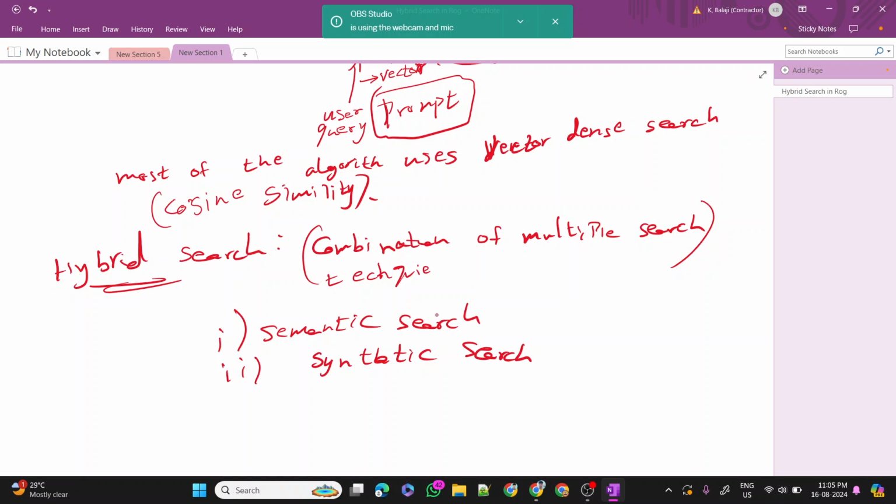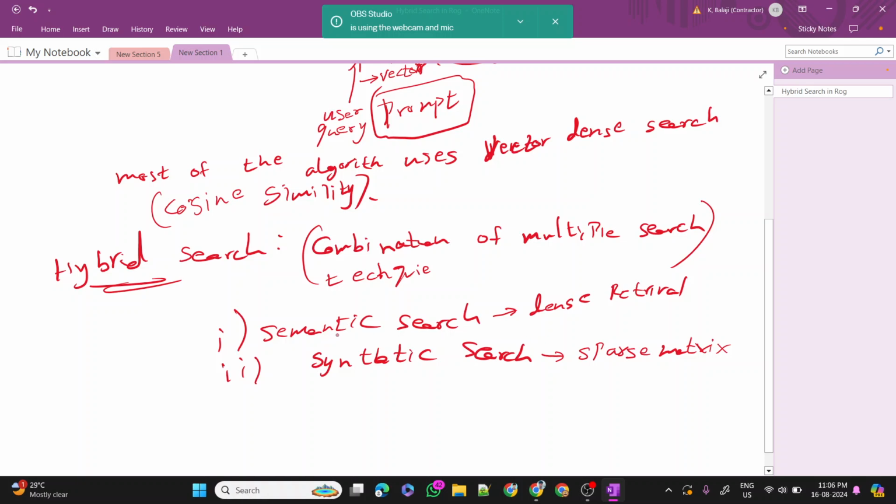This semantic search uses dense retrieval, and this synthetic search uses a sparse matrix.